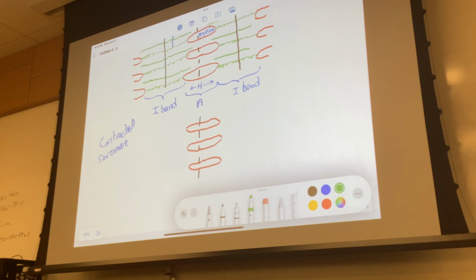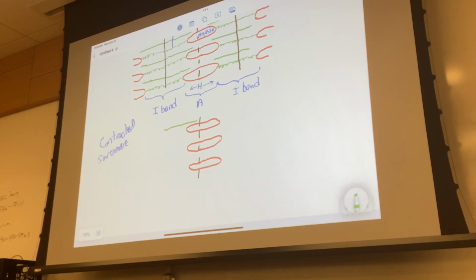Now, in terms of the actin, it's going to be the same thing right here. You really can't tell the difference between the actin in the top drawing and the actin in the bottom drawing. The one thing you hopefully can see by my drawing is that there is more overlap between the actin and the myosin.